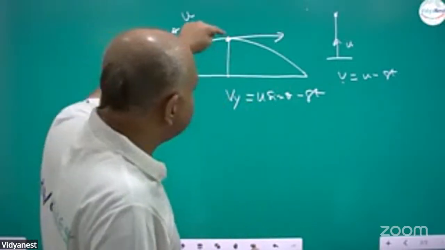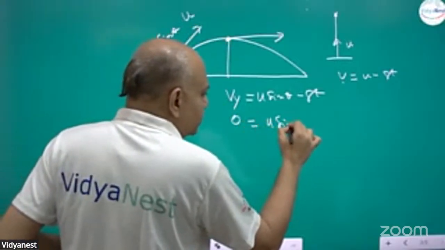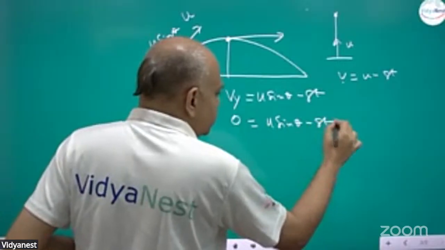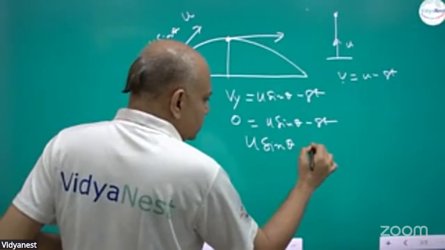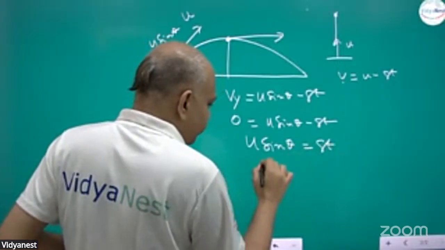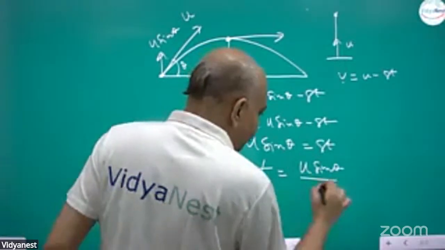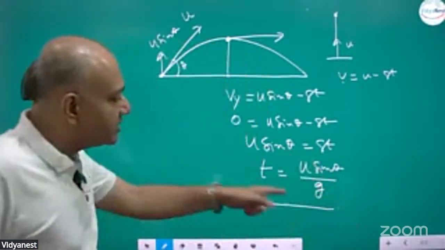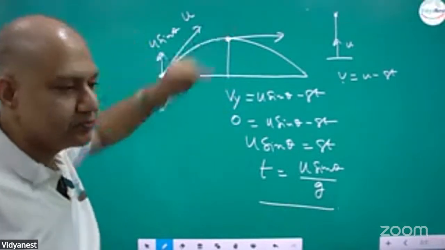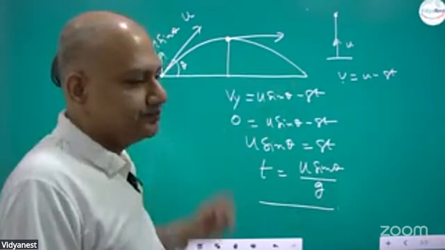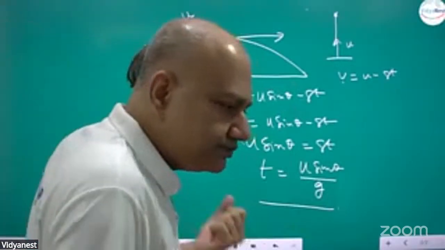This becomes zero at the top point. So 0 is equal to u sine theta minus gt. Therefore, what should be the time? u sine theta is equal to gt. Therefore, t is equal to u sine theta divided by g. So this is the time taken by the particle to reach the maximum height, u sine theta by g. Simple. Clear? No problem. Yes, sir.